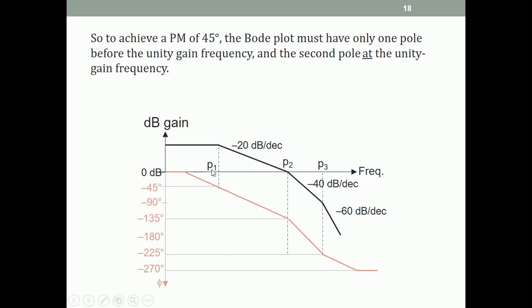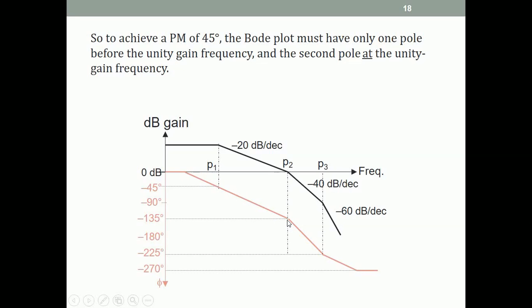So this pole causes a minus 90 degree phase shift at frequencies much higher than P1, and then P2 starts contributing phase at a frequency about 10 times before P2, and at P2 the phase has reached minus 135 degrees.